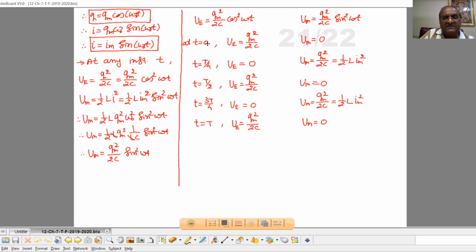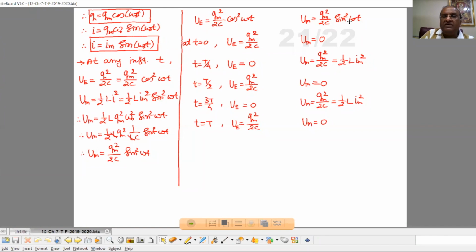Okay. Now if we take a smaller time interval between t equal to 0 and t equal to T by 4, suppose we consider t equal to T by 8. If we substitute small t as T by 8 with 2 pi by T, we will get pi by 4, and cos squared pi by 4 is 1 by 2.